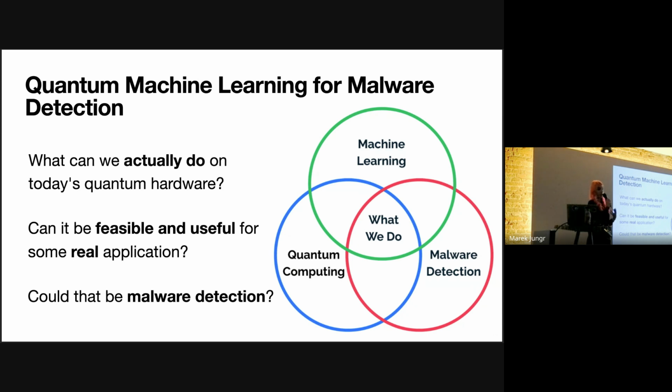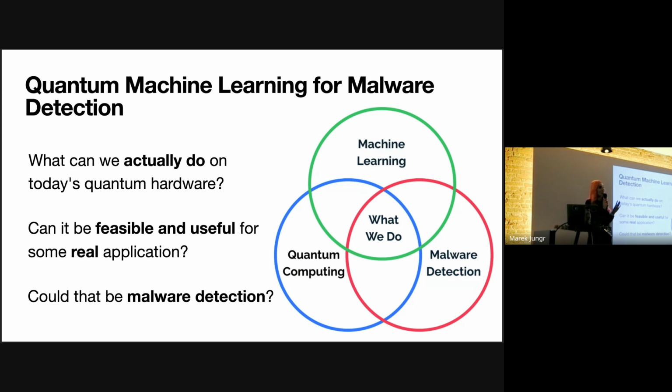So not to wait for the super fault-tolerant new universal quantum computer, but to use this amazing, fascinating piece of technology we already have, even though it's not perfect. That's one thing: how we can use it for something useful in terms of some real application.